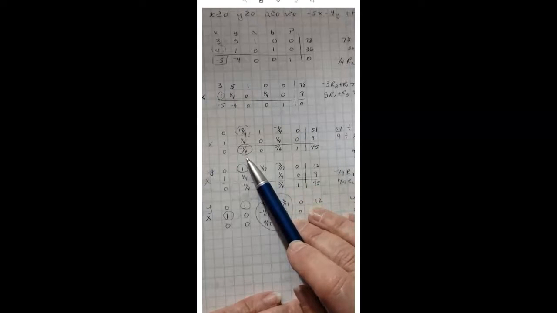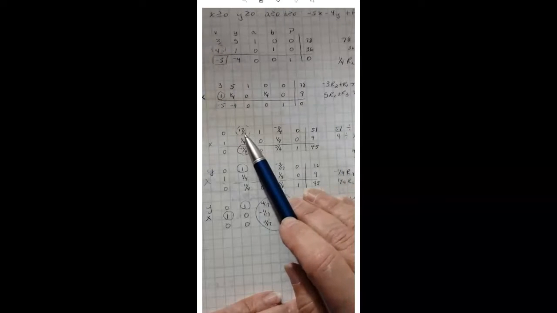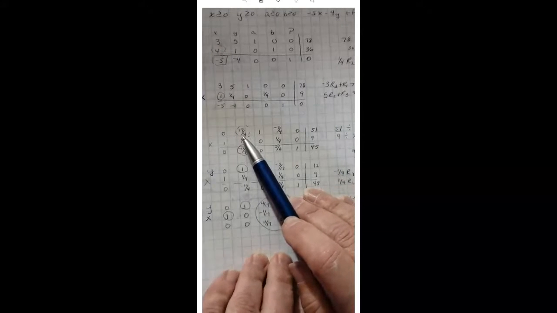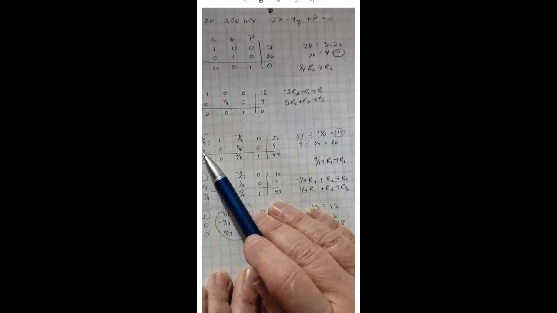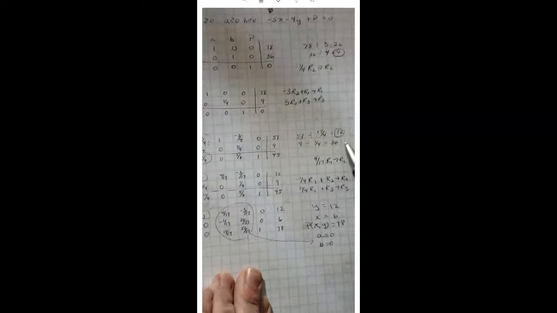Now I have to determine which is my pivot element. 51 divided by 17/4 and 9 divided by 1/4 gives me 12 or 36. And 12 would be my pivot element because it's smaller.